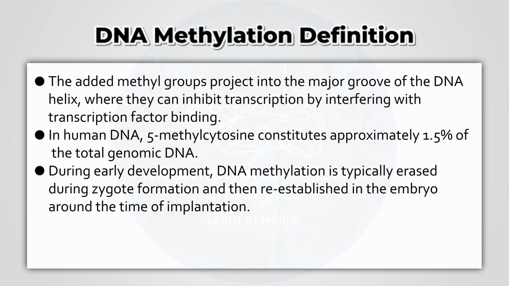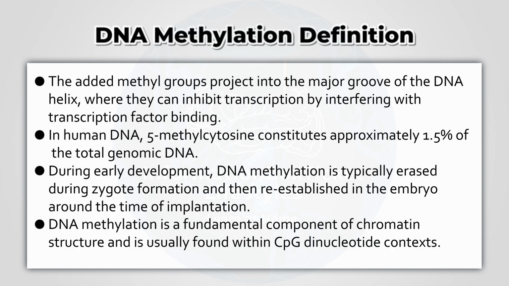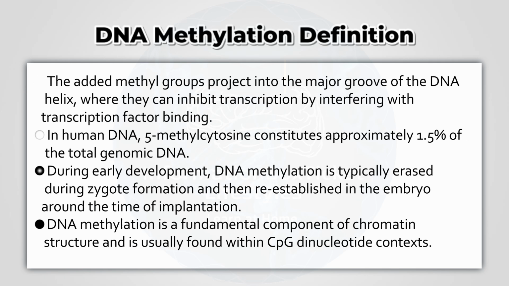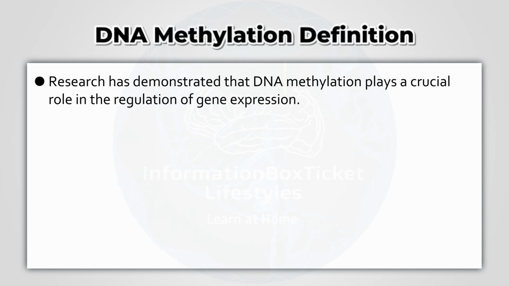During early development, DNA methylation is typically erased during zygote formation and then re-established in the embryo around the time of implantation. DNA methylation is a fundamental component of chromatin structure and is usually found within CpG dinucleotide contexts. Research has demonstrated that DNA methylation plays a crucial role in the regulation of gene expression.